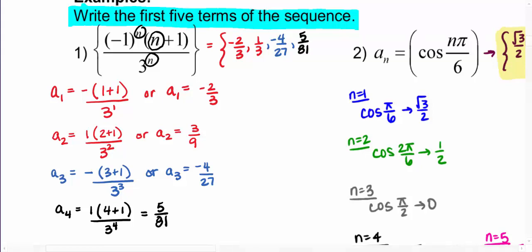And if I put a 6 in, or excuse me, a 5 in, I was looking at the 5. So for my last term, it'll be -5 plus 1 is 6 over 3 to the 5th. You are always welcome to leave powers, but this will actually reduce. So this will be -2 over 81, because it's -6 over 243, and that reduces.